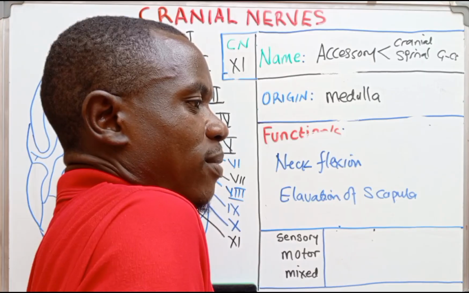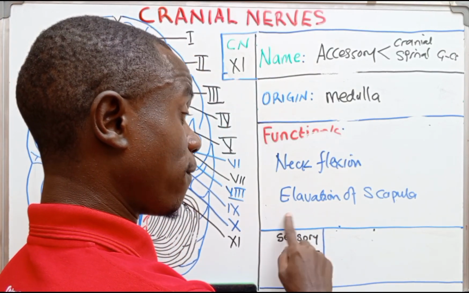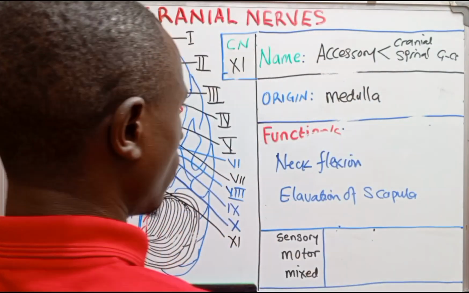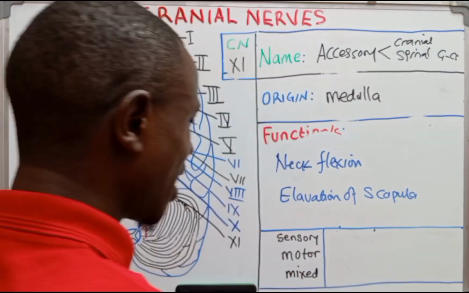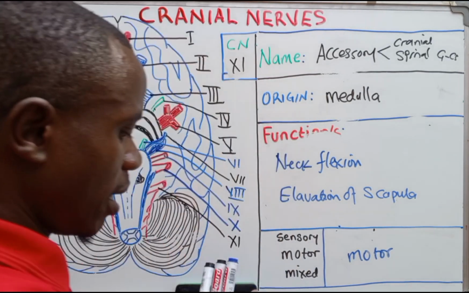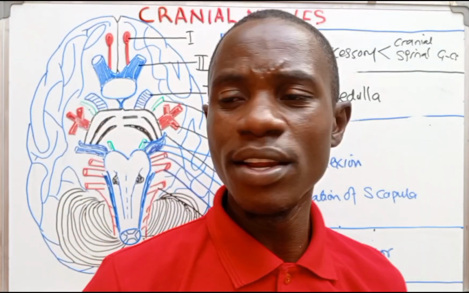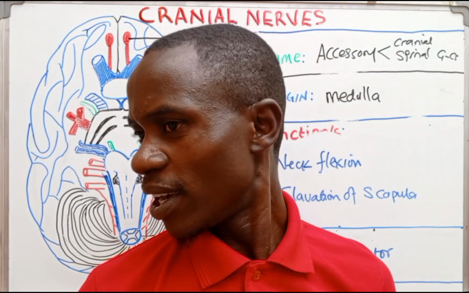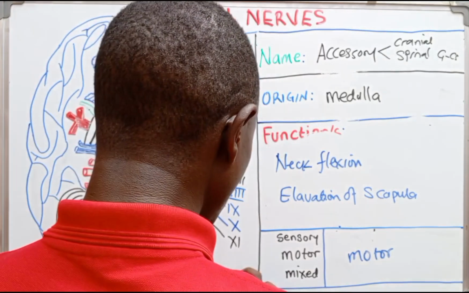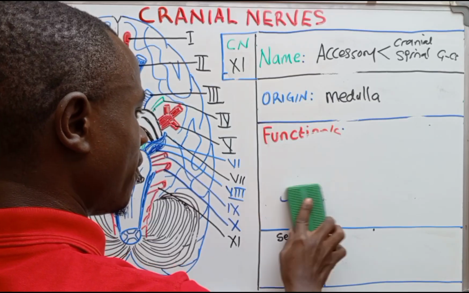When I move the scapula like this, back, front, up, down, that movement is under cranial nerve number 11, the accessory nerve. And this accessory nerve is going to be a motor nerve. It's such a beautiful thing that's helping us in neck flexion, and also nodding.